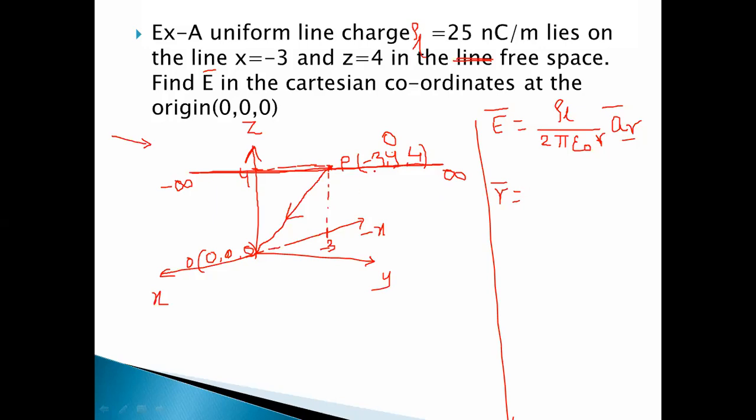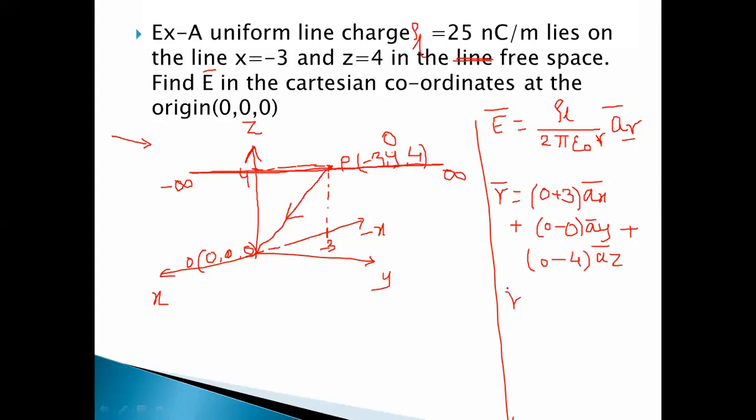So r bar is equal to 0 minus 3, means 0 plus 3, into a bar x, plus y coordinate 0 minus 0 into a bar y, plus z coordinate 0 minus 4 into a bar z.